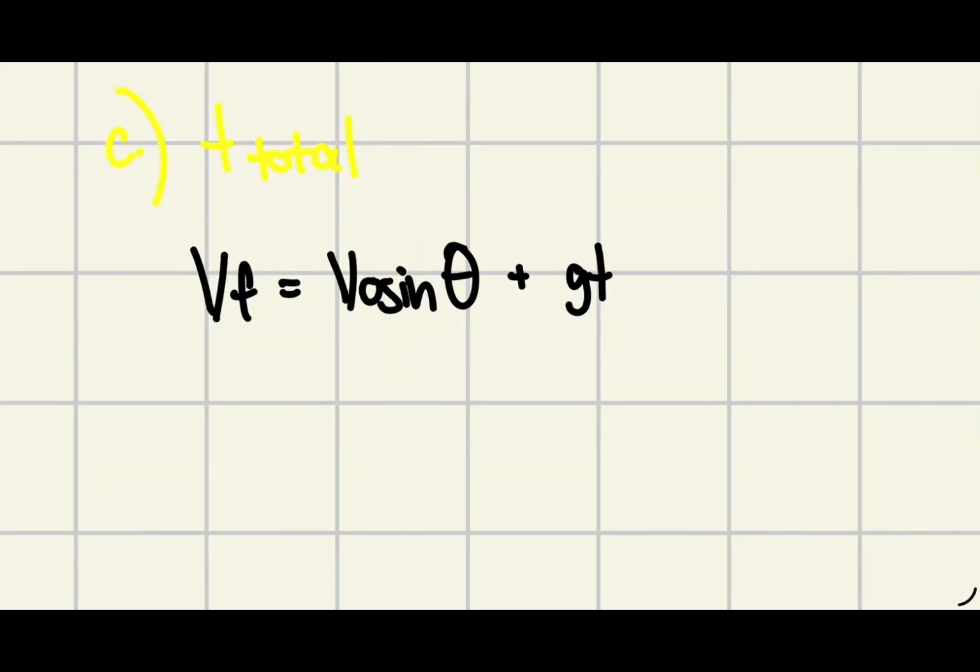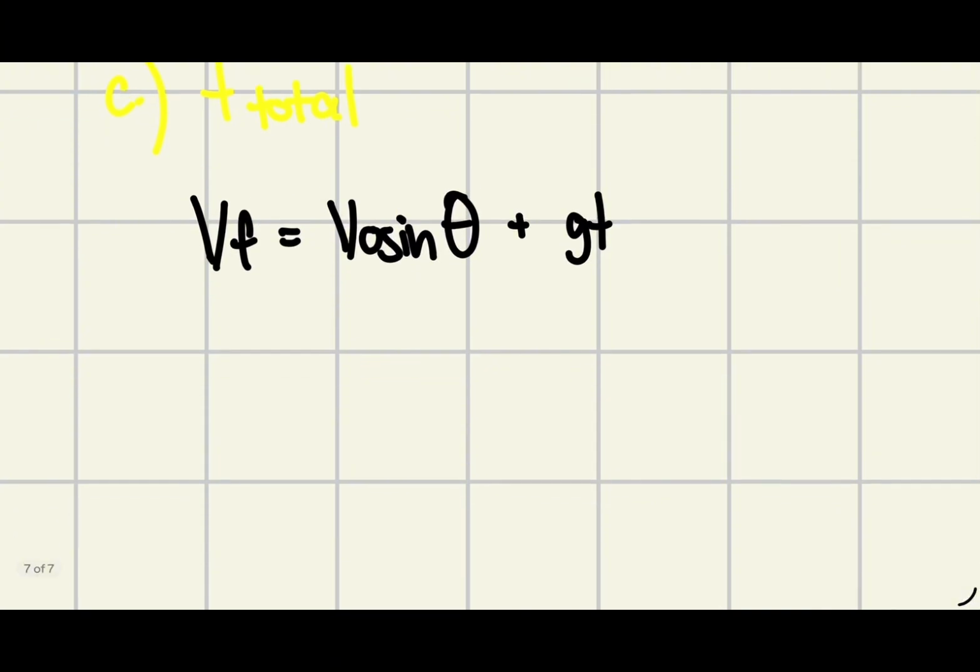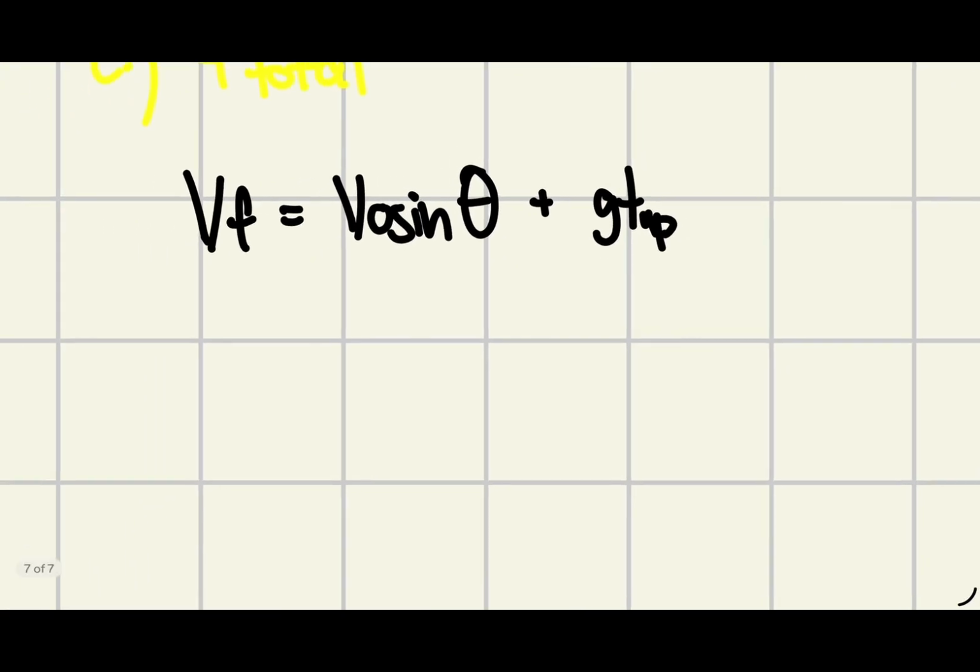Lastly, we are to solve for letter C, which is the time total. So we can use the first formula, which is final velocity is equal to initial velocity sine theta plus gt. So we can try to solve this for the times going up, so that our final velocity will equal to 0. So let's try it. Let's input our values.